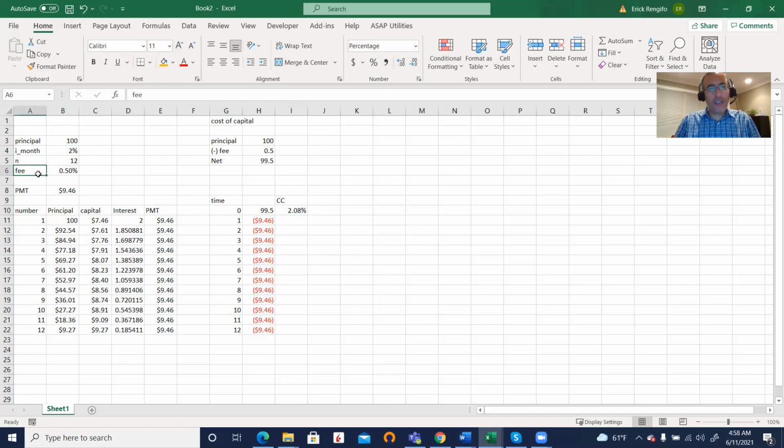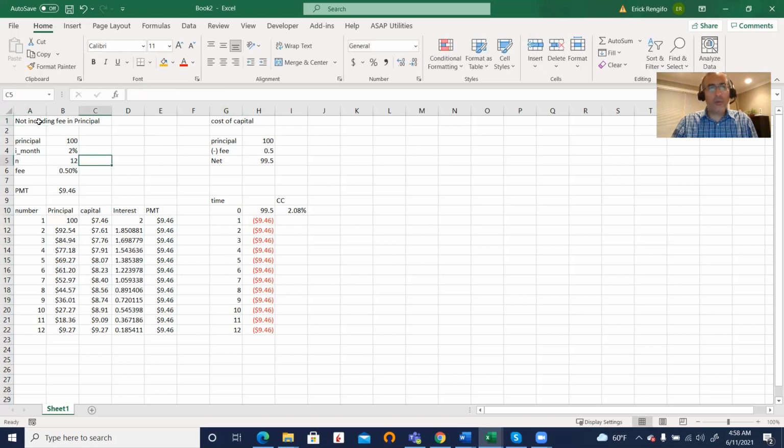The fee does not enter the payment estimation if you don't want to include the fee in the principal. So let's write this: not including the fee in principal. You bring your own 5 cents to the bank, and then you receive your 100.